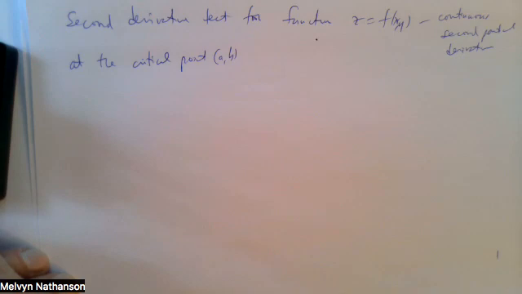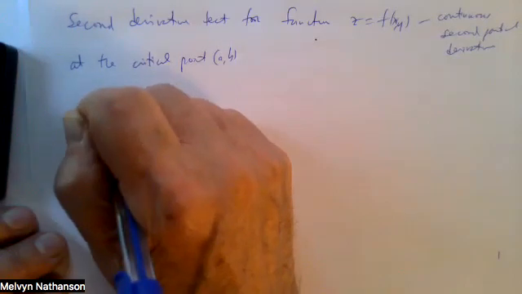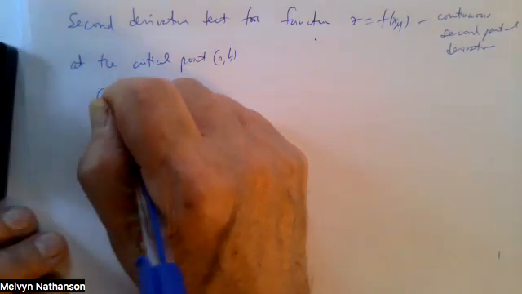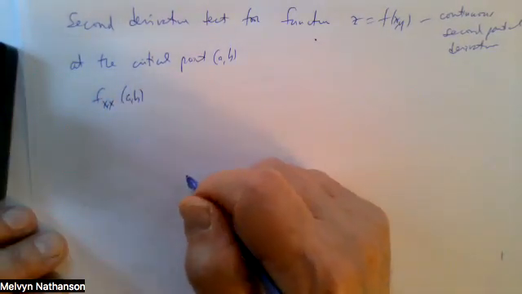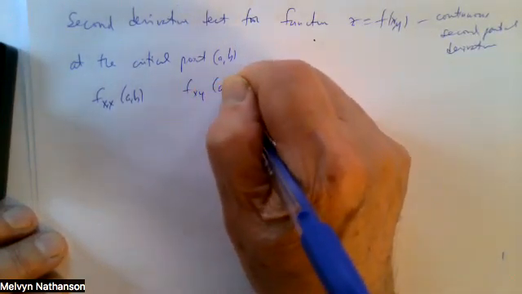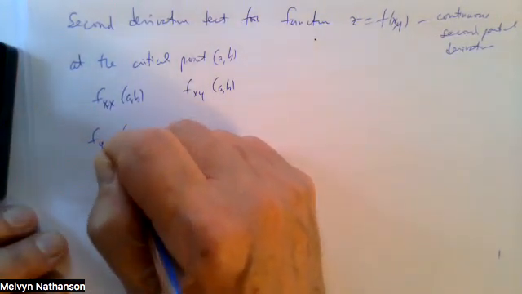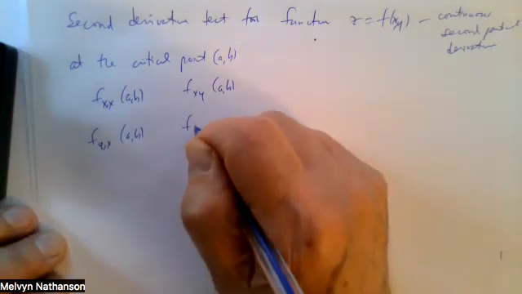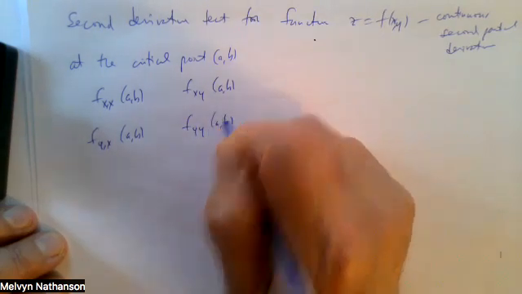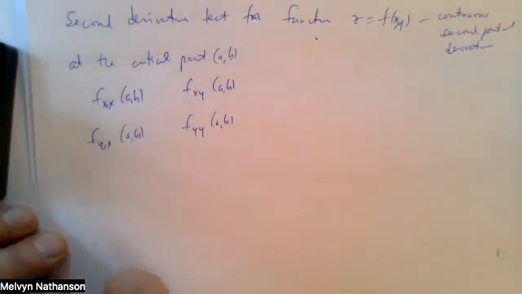But for a function of two variables, you can take the partial derivative of f with respect to x, and then take the second partial with respect to x at the point (a, b). Or you could take the partial derivative of f first with respect to x and then with respect to y at (a, b). You could take the partial derivative of f first with respect to y and then with respect to x at (a, b). Or you could take the partial derivative of f with respect to y and then the derivative of that again with respect to y at (a, b). So we have 4 different second partial derivatives.